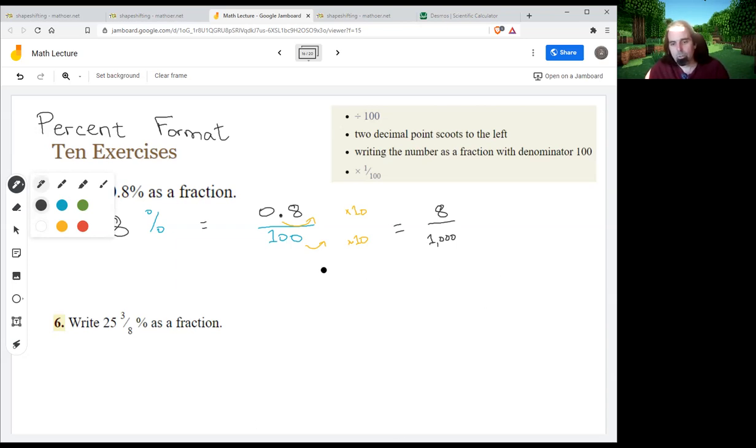Then I can do divided by 8, top and bottom. If you wanted to do divided by 4 or 2 and take more steps, you can, but I'm running out of room. And you get your answer.